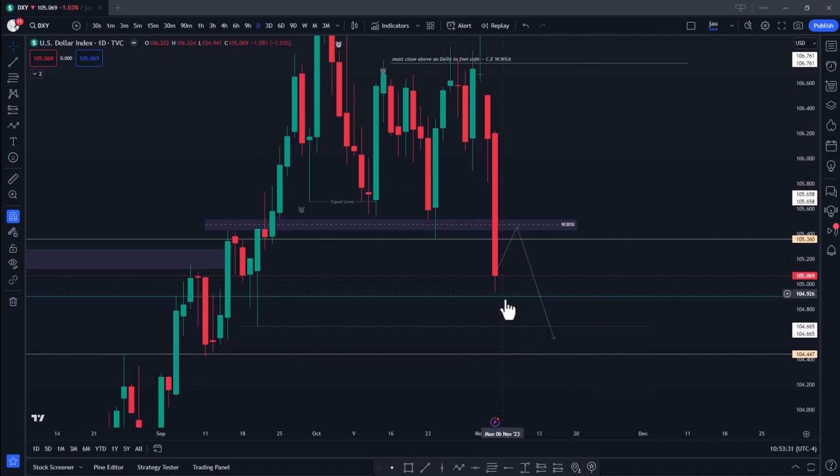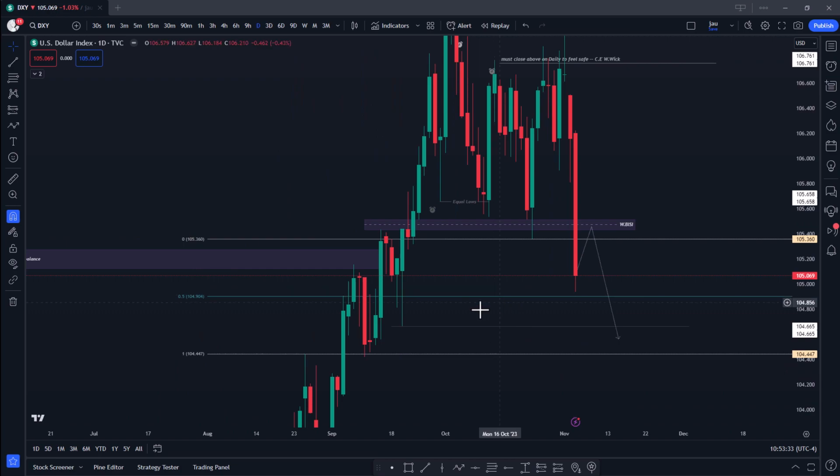And remember, this blue line is the consequent encroachment of the monthly fair value gap. So if we do see signs of rejection on a 5-minute chart, if we do see some sort of a market structure shift on a 5-minute chart or lower, we might potentially come back to this swing low and this swing low, which is 100% fill of the monthly BC.